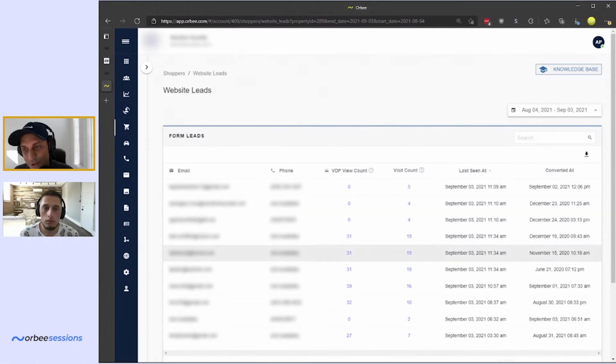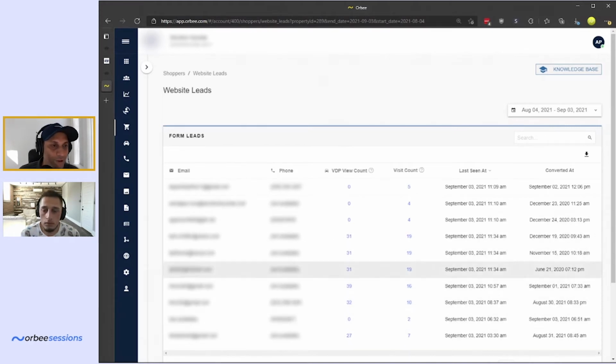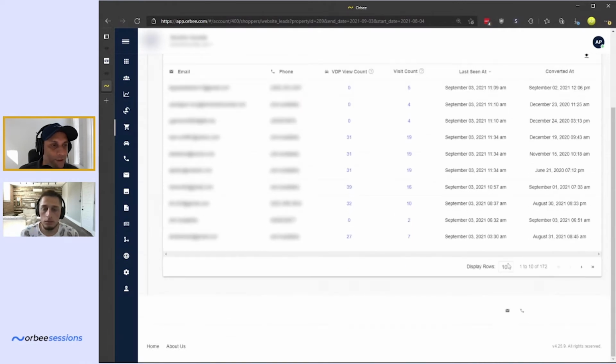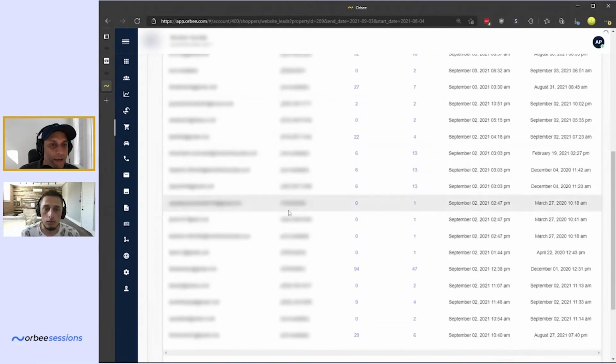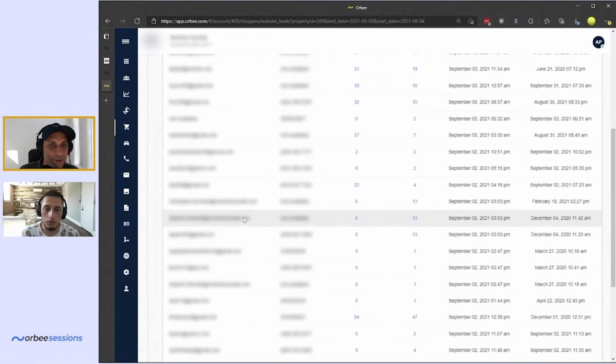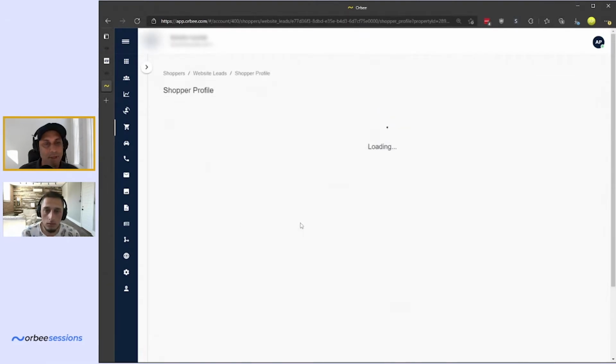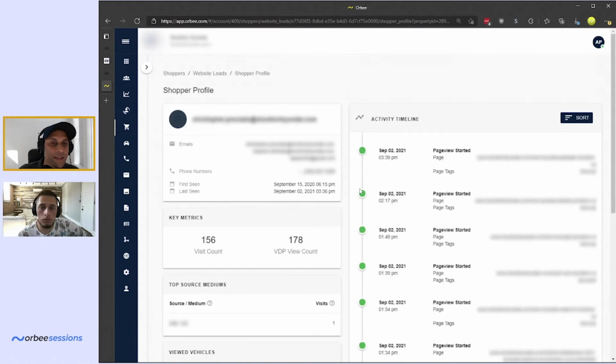Now, mind you, sorry for the blur. It's real. There's real data here. It's just protecting personal information. But if I actually go, let's go to the next page, or let's just open 25 of them. And let's go down here to someone who's kind of looked at a certain number of cars, visited many times. What you're actually able to see here is, this is interesting.